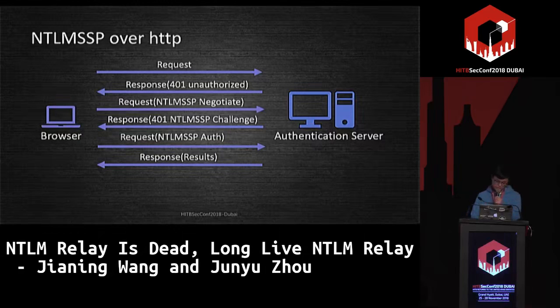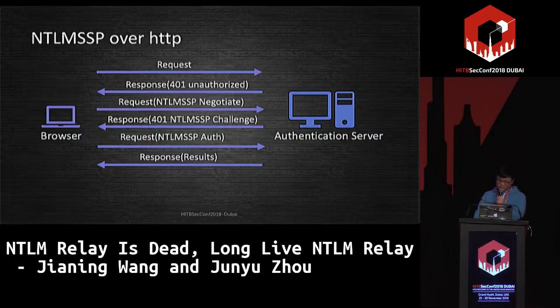So the browser will take the first step: NTLM SSP negotiation, also called the type 1 message. After the server receives the type 1 message from the browser, it returns the NTLM SSP challenge, also called the type 2 message. When the browser gets the challenge, it will hash it with the user's credentials and generate the type 3 message.